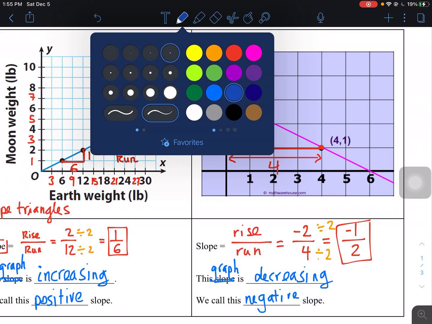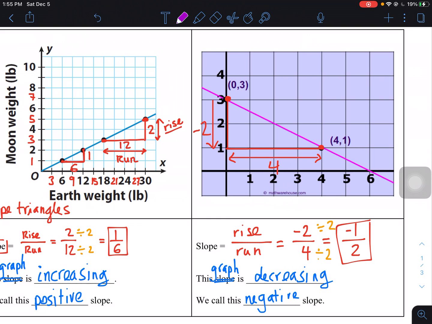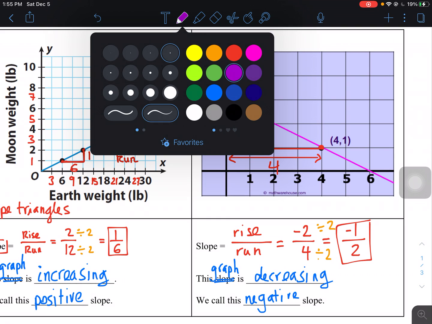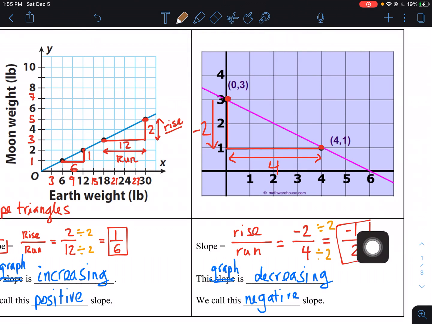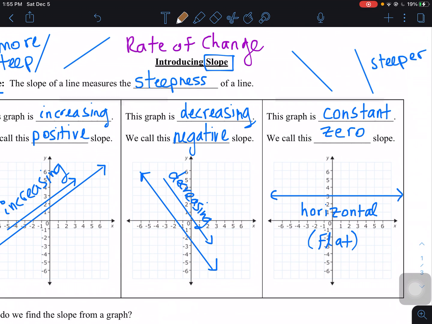Here's why the slope is nice. It can tell you what to do on your graph. I'm going to pick a nice color to use. Let's use this color. It says -2 or -1 on the top. That means starting at whatever point is on my graph, I can go down 1, because it's negative, over 2.